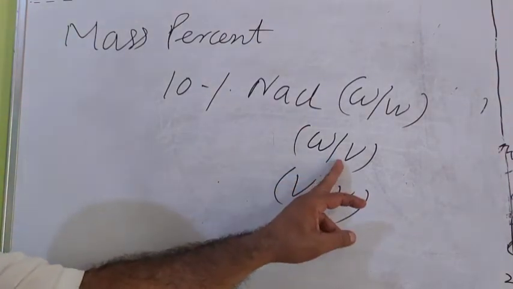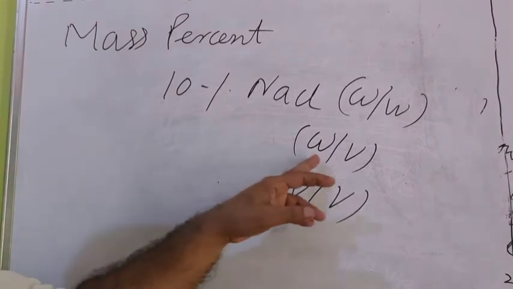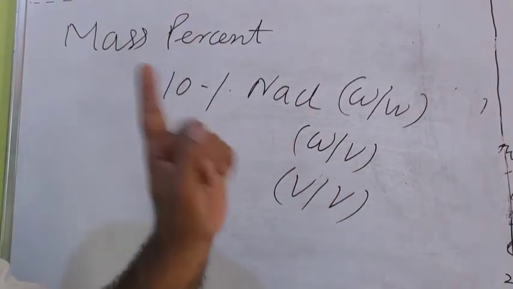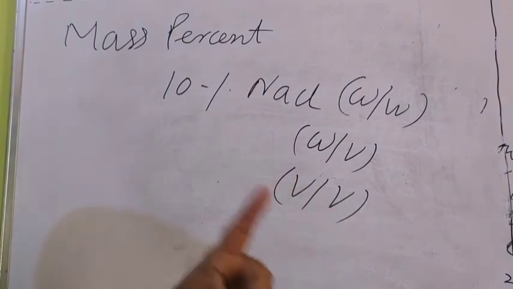W by V means 10 gram of NaCl in 100 ml of solution or 90 ml of water.